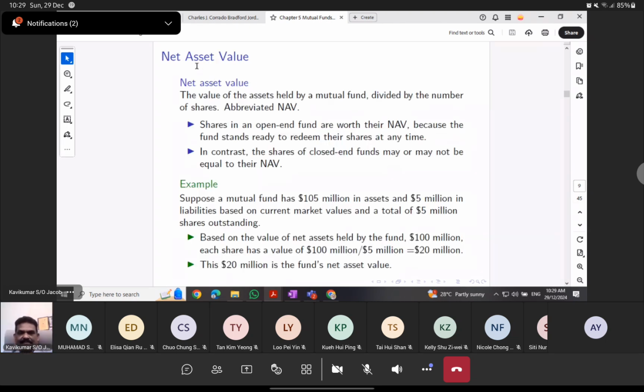Next, net asset value. Net asset value is the value of the assets held by a mutual fund. If you have any asset or any security, how do you measure the value?